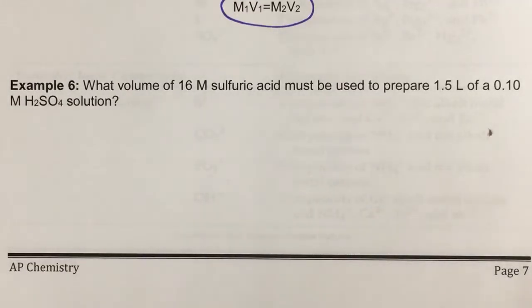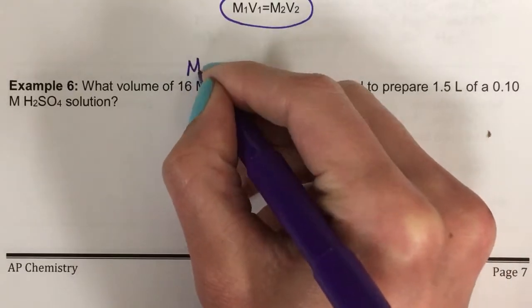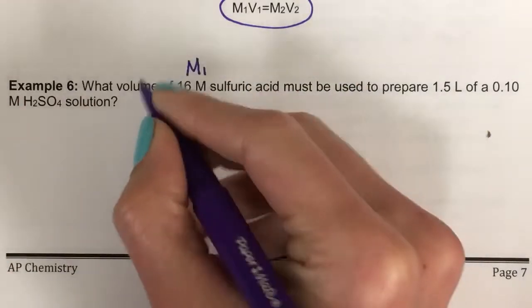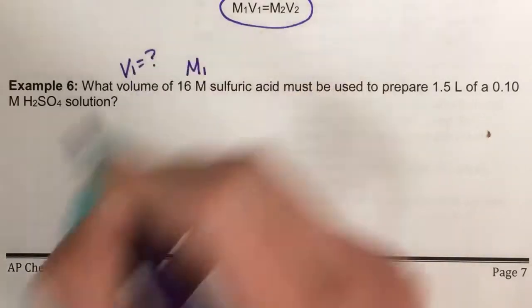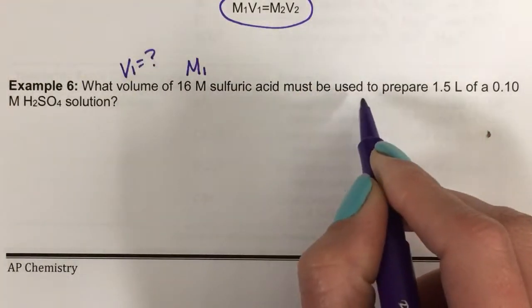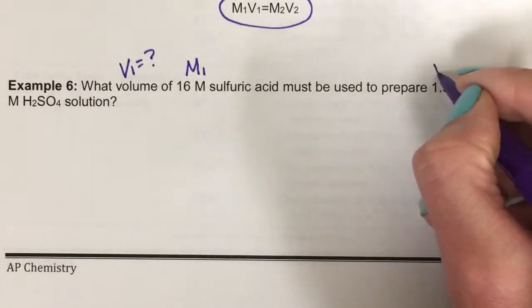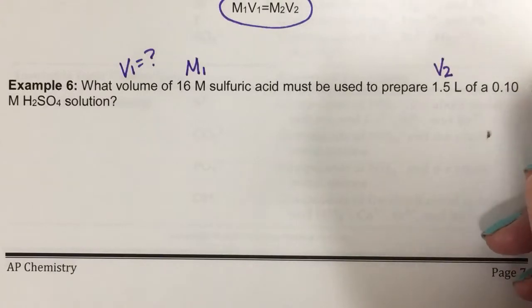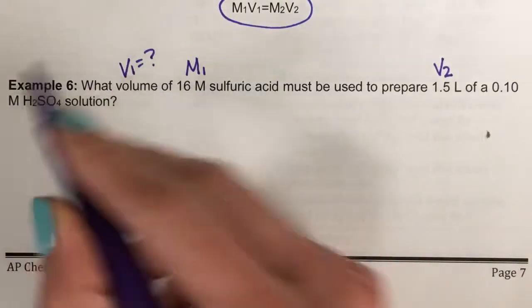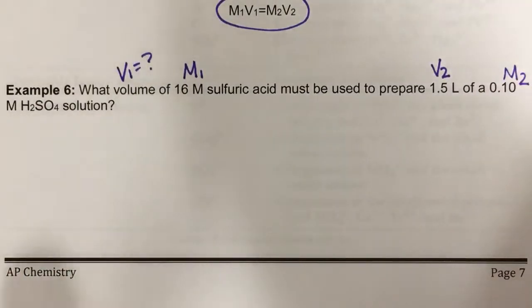What volume of 16 molar, this would be my M1, and I'm trying to find my V1 volume, must be used to prepare 1.5 liters, my new volume, of a 0.10 molar, that's my M2 solution.